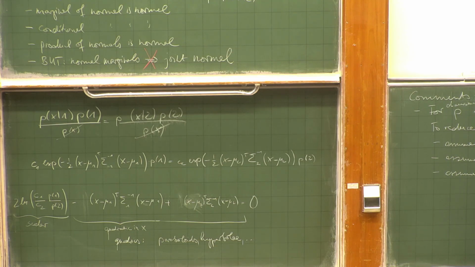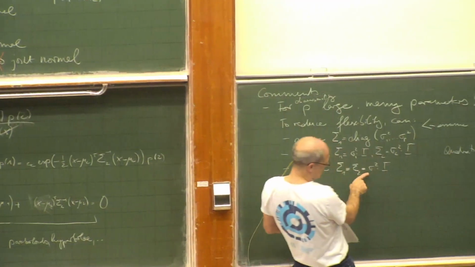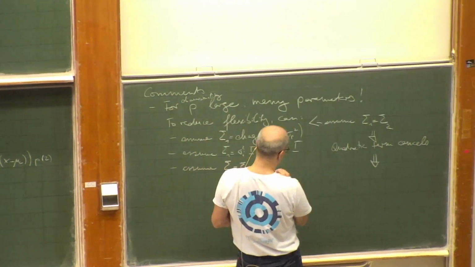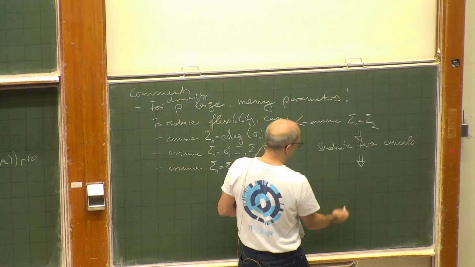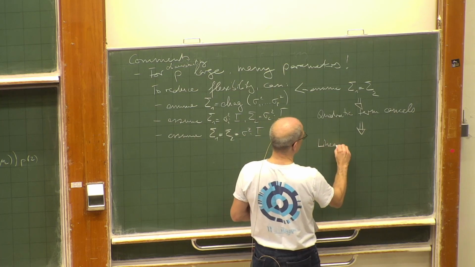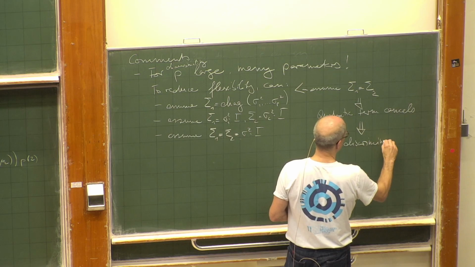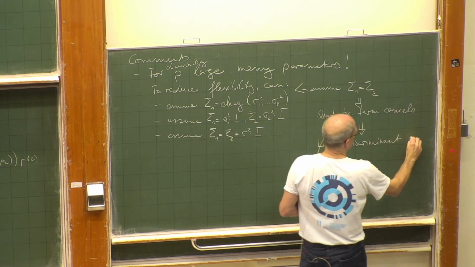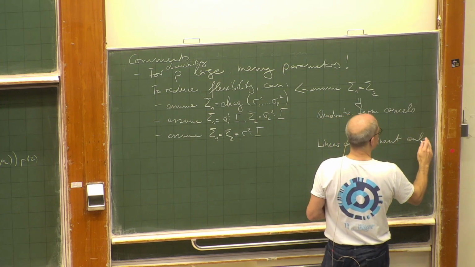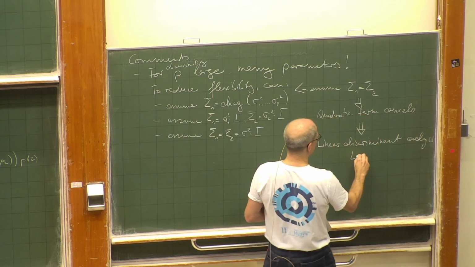And then the method that we get out, and this is a special case, because also here sigma 1 was sigma 2, is called linear discriminant analysis, or LDA for short.